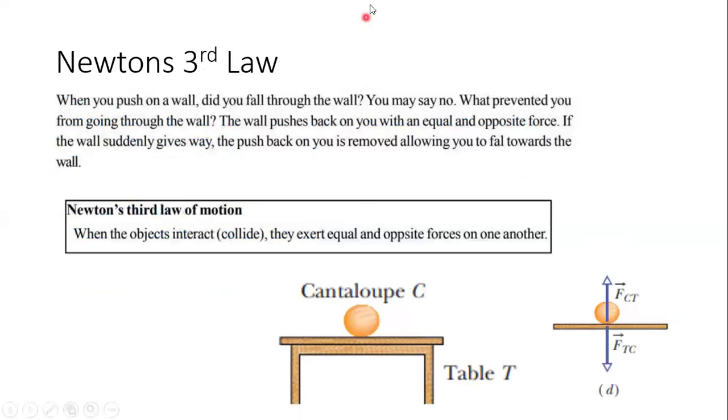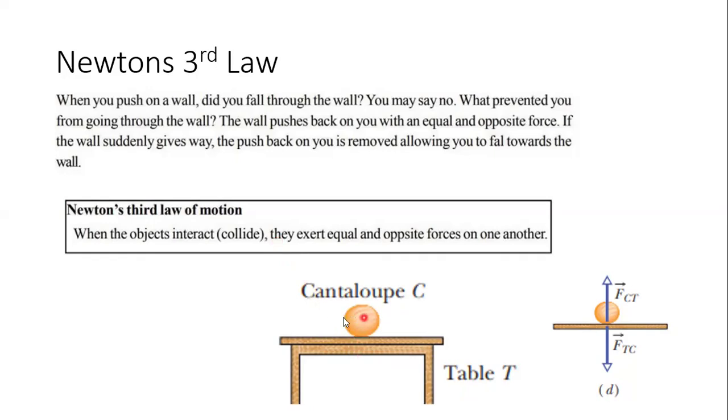So until then, we'll discuss Newton's third law, which is actually the easiest law to remember. It states that when any objects interact, for example, you can see there's a ball here and a table, and here there's an interaction, right?